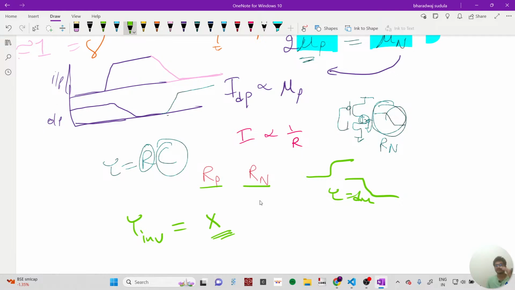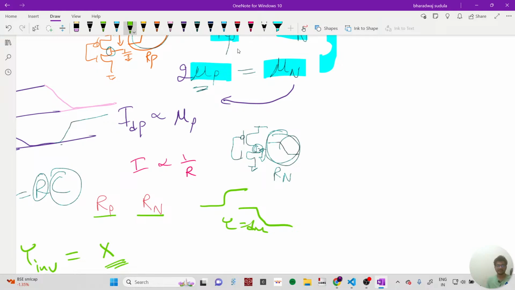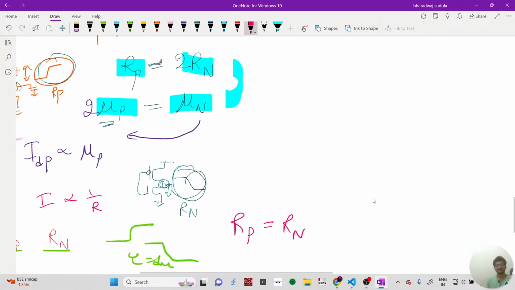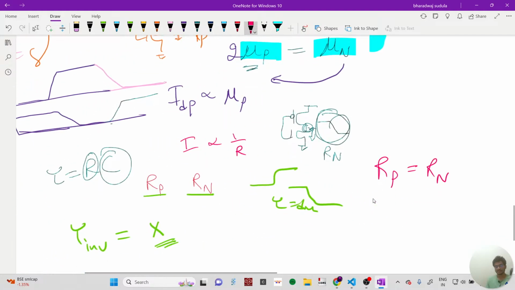It has to be the same for low to high and high to low. So for that we need to make sure that Rp and Rn are equal. What can we do such that the resistances of PMOS and NMOS will be the same?